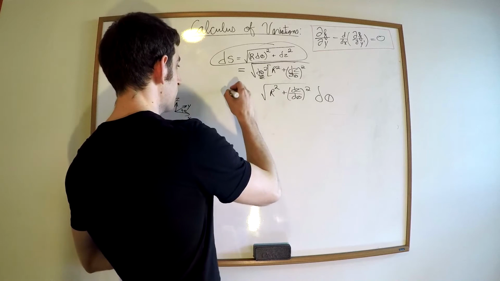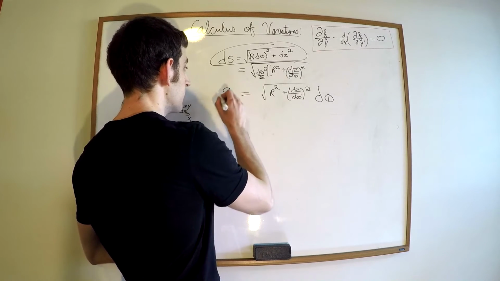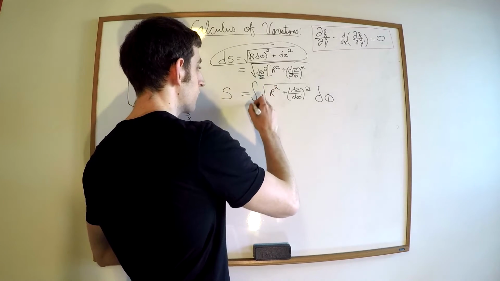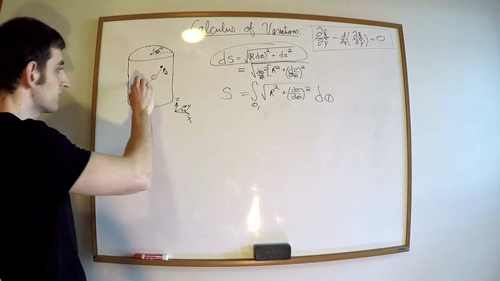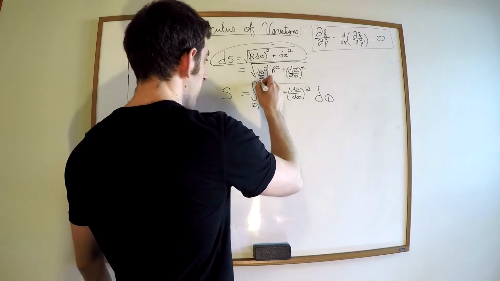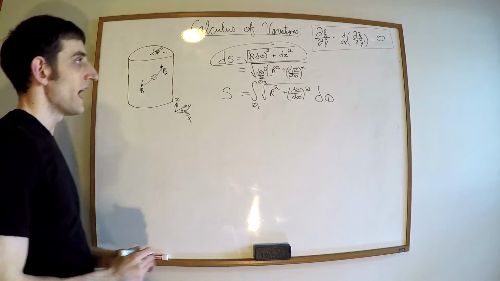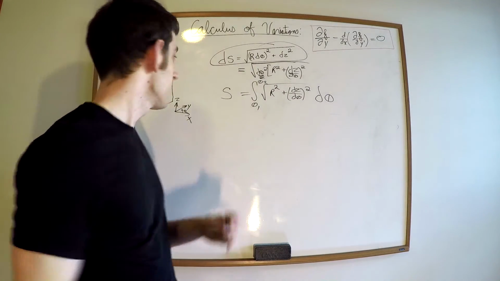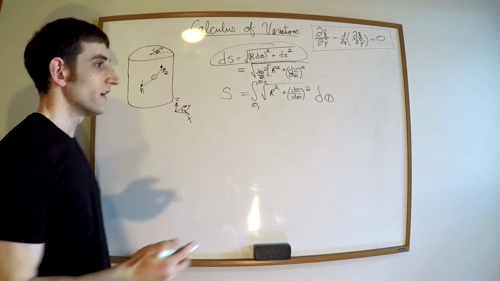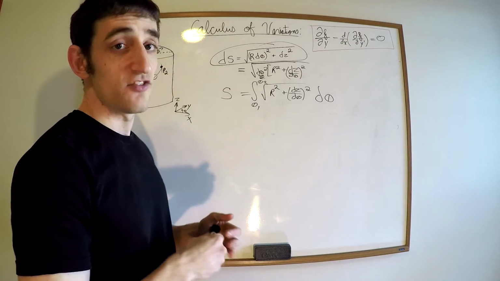So again, that triggers the integral. So we're going to integrate between theta 1, which is basically right here, and go to theta 2, which is basically right here at the second point, and add up all these infinitesimal lengths. That's going to give us the exact distance between these 2 points.